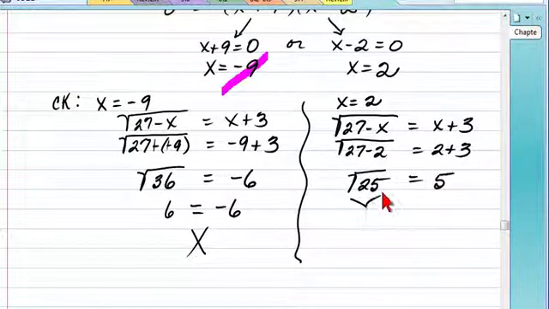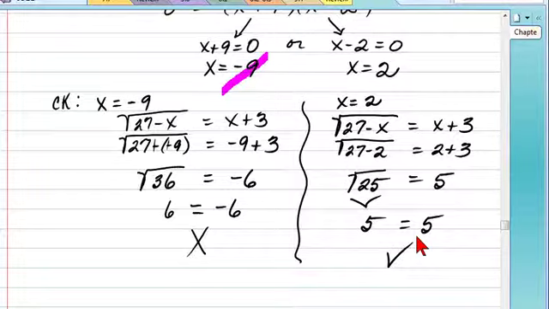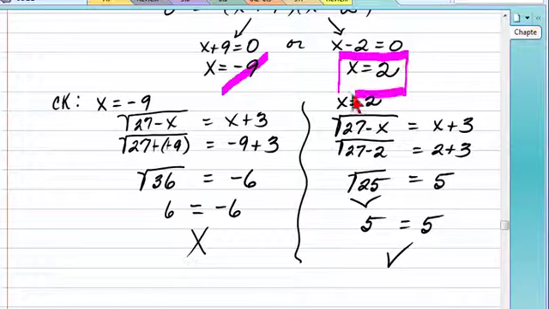And what is the square root of 25? 5. And 5 equals 5? That's good. This turned into a quadratic equation, but only one of the two answers I got in the quadratic equation checked.